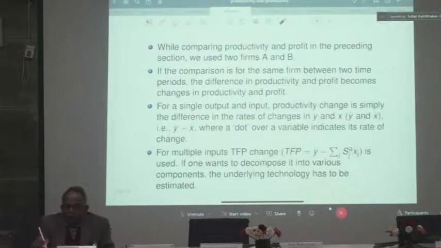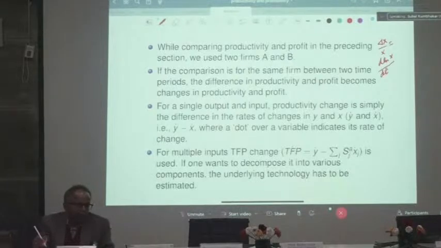You can do delta x over x as the rate of change, which is the same thing as, since it's one variable, the derivative of x with respect to time. So this change is over time. That's why I'm just taking the derivative with respect to time. And we are going to be using the dot notation. So x dot means rate of change in x.